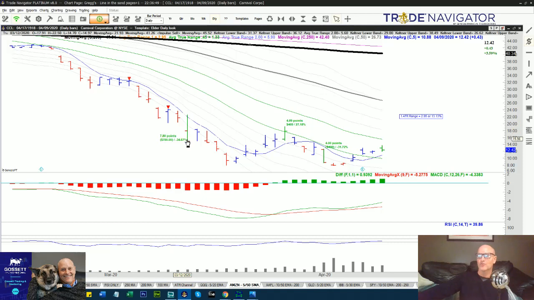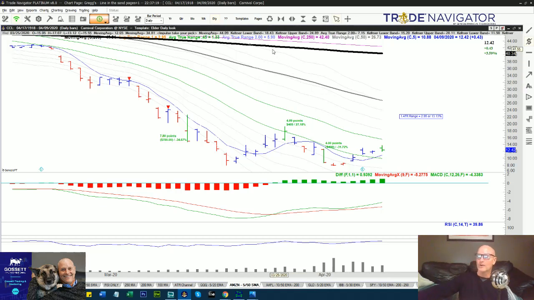Because the average range is like 30 here on this day. The range was 34% in one day. Here it's 27. Here it's 31. So how could you possibly trade Carnival Cruise Line using a 5% position size? Because a 5% maximum stop loss could just be half an hour's worth of the move.